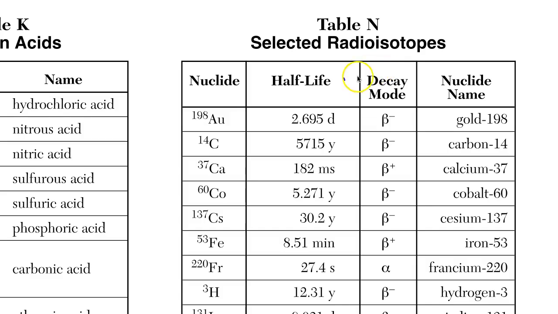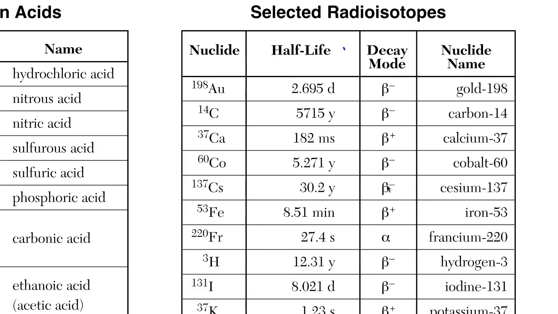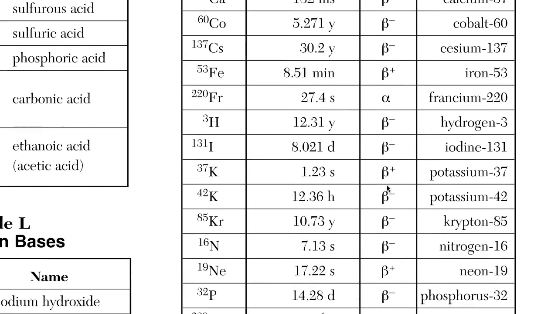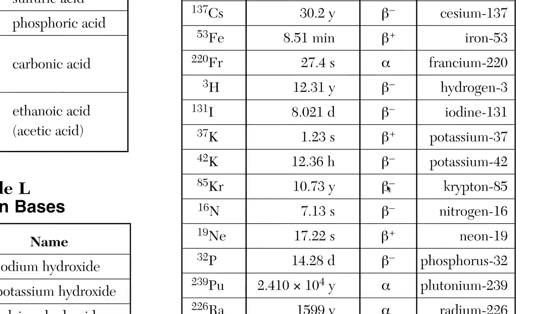And this is telling us what kind of particle they like to emit. So let's go find our K37 and K42. And there they are. K37 undergoes a beta positive decay mode. And you may say, well, what's that? We'll get to that in a second. K42 gives off a beta negative, so clearly they're different.